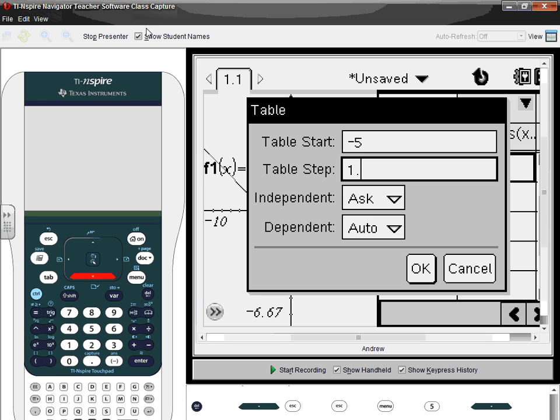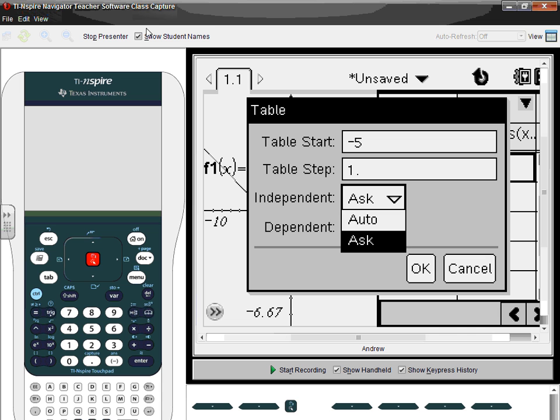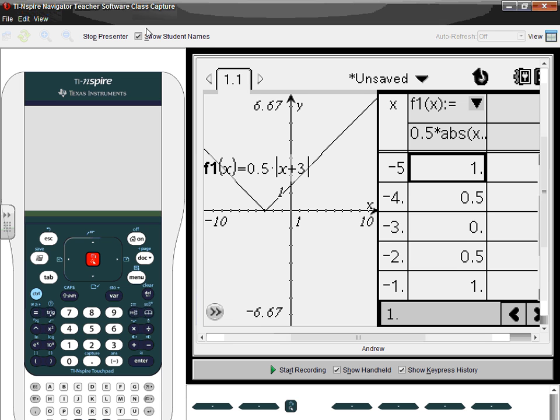See, look, it's auto. Oh, I did X minus 3, and it's supposed to be X plus 3.